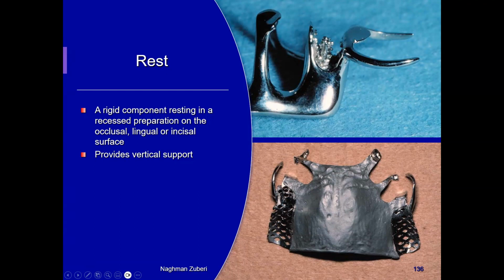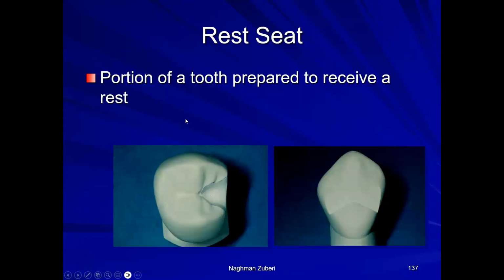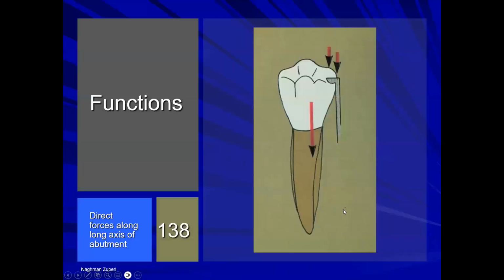This is the rest. That's how the rest seat is made in molars and premolars, and this is how it is made in the canines, in anterior teeth. What is the function of this occlusal rest when it is part of the clasp assembly?